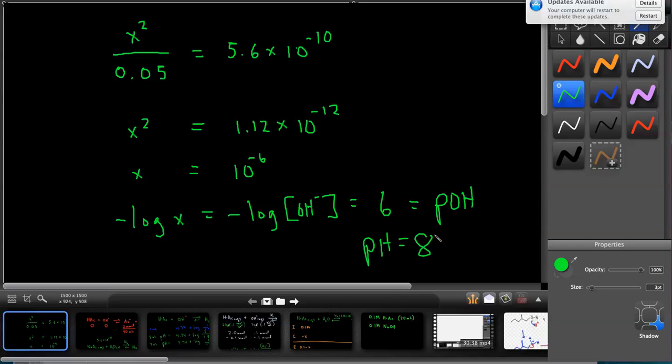But to get a more precise value, I'm actually going to go to my calculator, which I pretty much hate. So first of all, 10 to the minus 14 divided by 1.8 times 10 to the minus 5 gives us a value of 5.555 repeating times 10 to the minus 10, times 0.05.